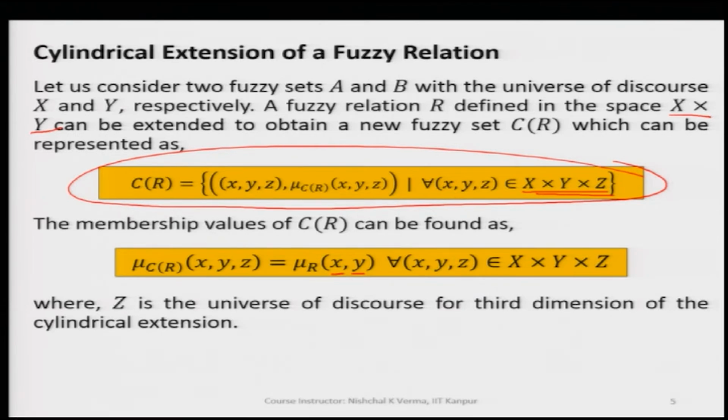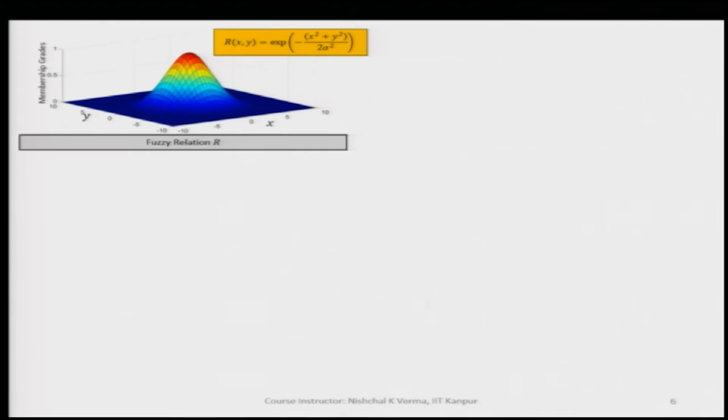Please note that by doing this we can increase any number of dimensions. So, this is the cylindrical extension of R, which is increasing one dimension. Further, we can go ahead and increase one more dimension if it is needed. This is very simple to understand.